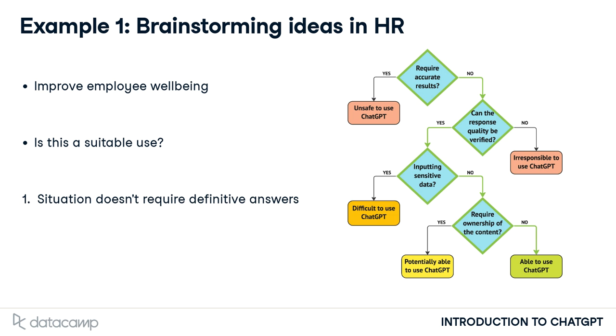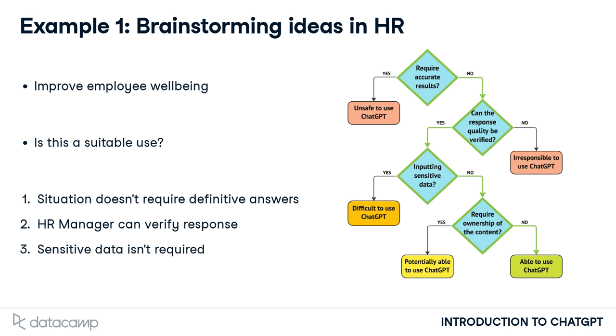And as an HR manager, we can use our expertise to verify the quality of the responses to ensure they align with company values. Finally, sensitive data isn't required, and we won't be using the generated text, so don't require ownership. This is a suitable use case for ChatGPT.